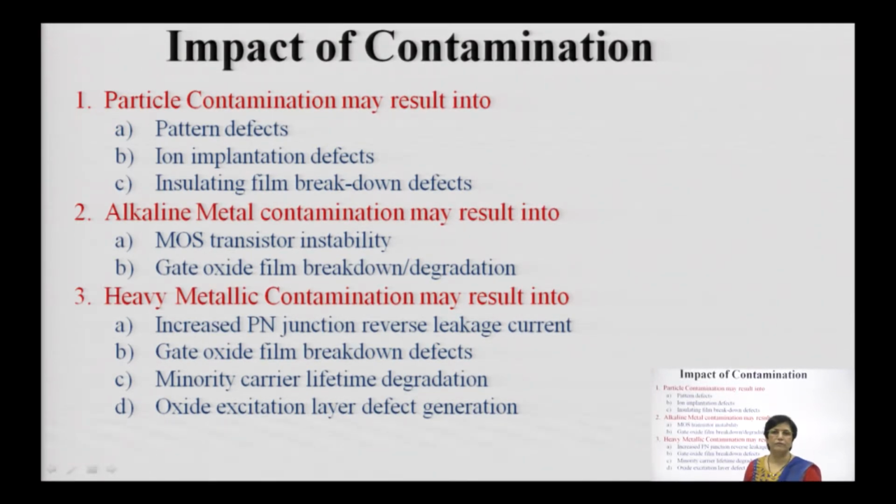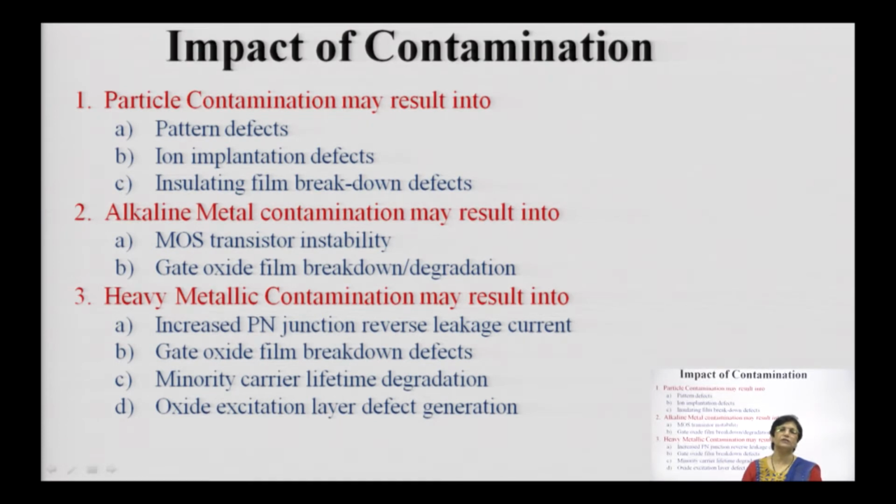Alkaline metal contamination on the wafer surface can make MOS transistors unstable, giving unreliable operation of the MOS devices which are fabricated, and gate oxide film breakdowns.